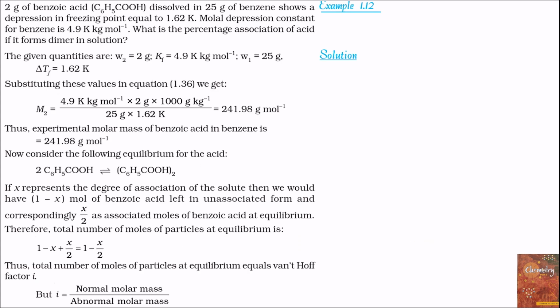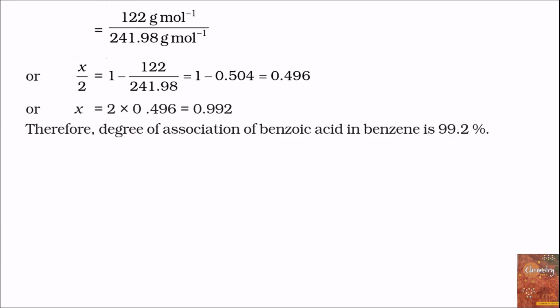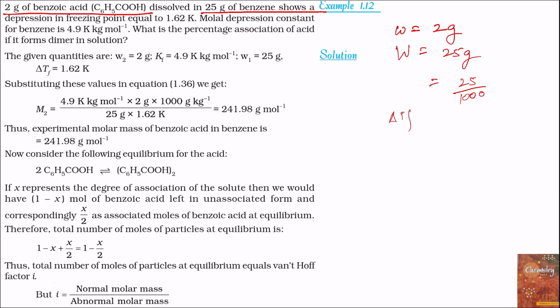Now here is one example. 2 gram of benzoic acid, so weight of solute is 2 gram, is dissolved in 25 gram of benzene. So weight of solvent is 25 gram and weight of solvent in kg will be 25 divided by 1000. Then it shows a depression in freezing point equal to 1.62 Kelvin. Value of delta Tf is equal to 1.62 Kelvin.